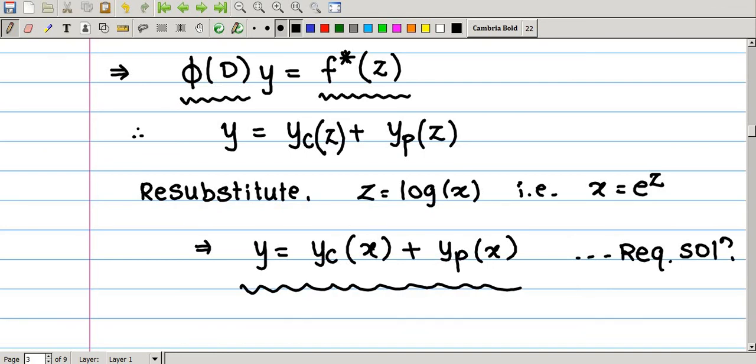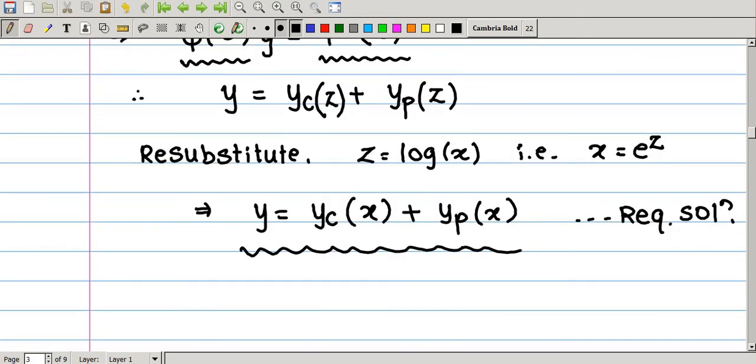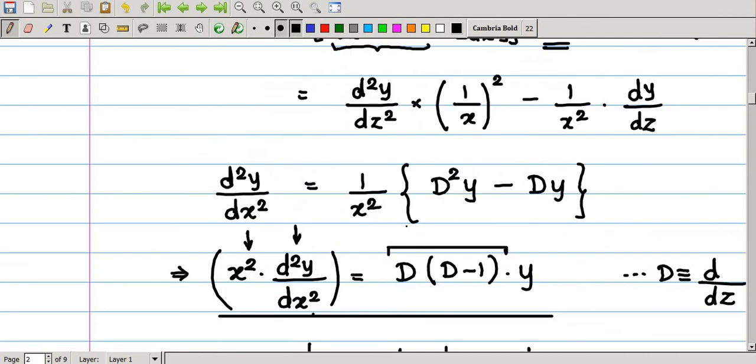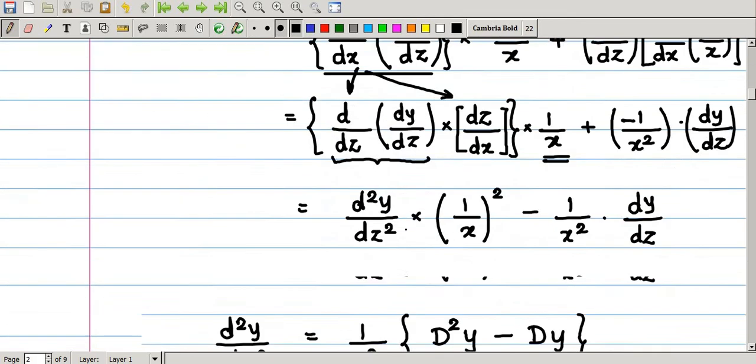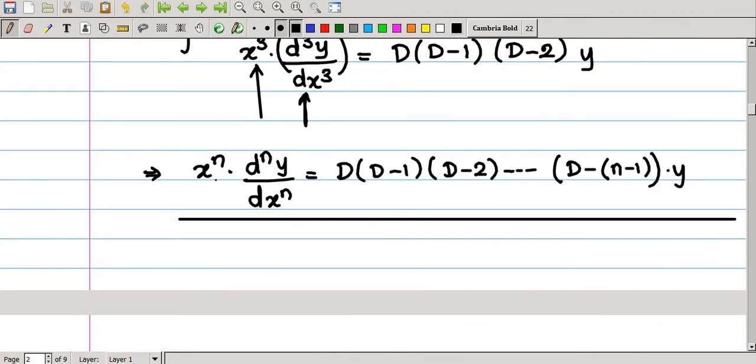First, we have to convert the variable coefficient form into constant coefficient form by using substitution, and that substitution will be x is equal to e raised to z. Then instead of doing this calculation every time, just remember this standard formula.